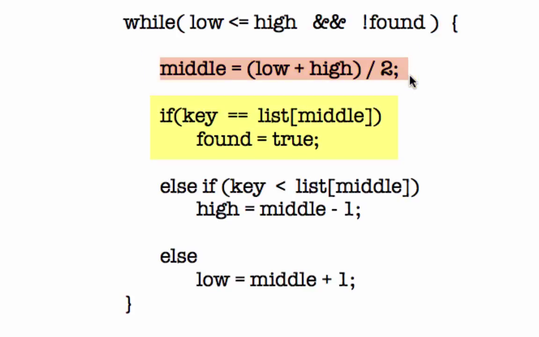The next step is to look at the value located at this index and see if it matches my key. If it matches my key, then I have a success, right? I have a match. So I'm going to compare key with the middle. Notice that here I'm using the equal operator because my collection was defined as a collection of integers.